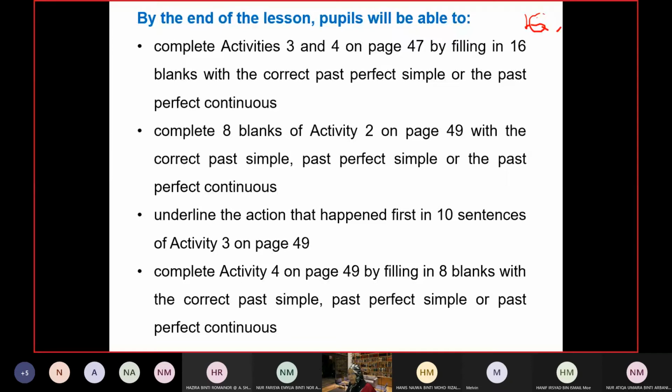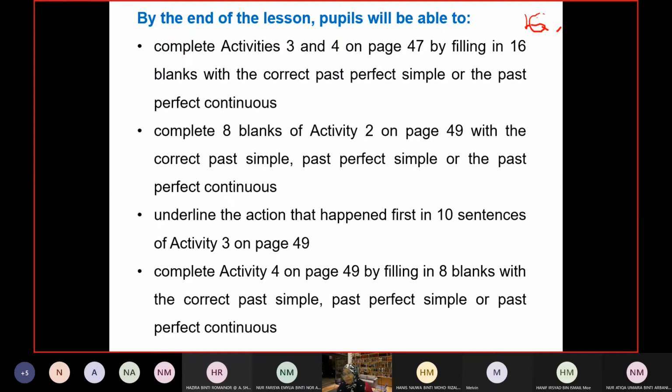Alright, example. Bill had been shopping all morning. Maksudnya Bill dia shopping sepanjang pagi tu and look fed up. So look tu dia guna balik past tense sebab nak menunjukkan kesan hasil daripada perbuatan dia yang pertama tersebut.